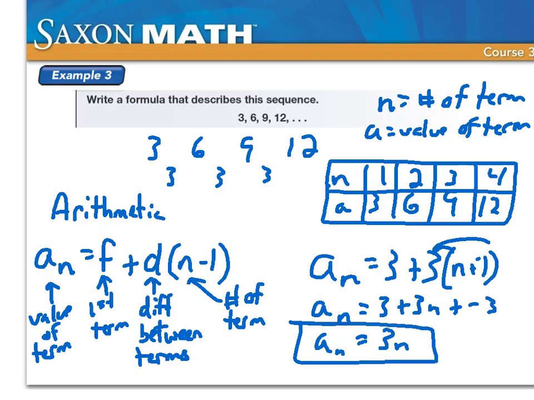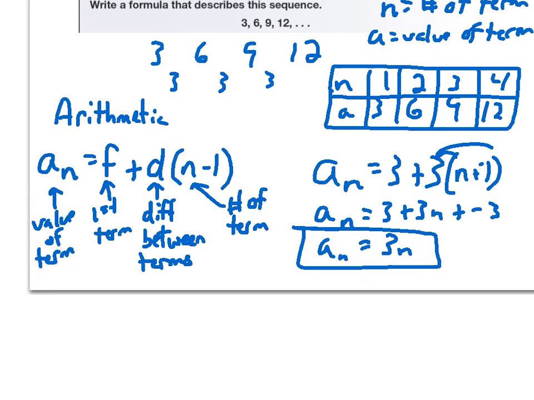Meaning if I wanted to find the fourth term, I would take 3 times 4. If I wanted the sixth term, I would take 3 times 6. For the 100th term, I'd take 3 times 100. For example, the value of the first term should equal 3 times 1, so it's 3, and that's what it was.